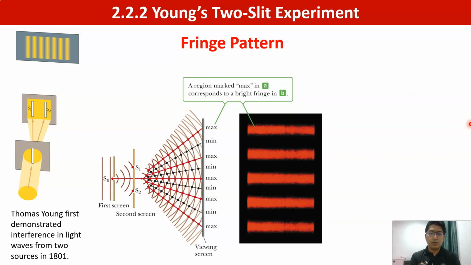If you can see on the screen, the light source will pass through two slits and form a series of fringes on the screen, a series of constructive and destructive interference, or bright and dark fringes.